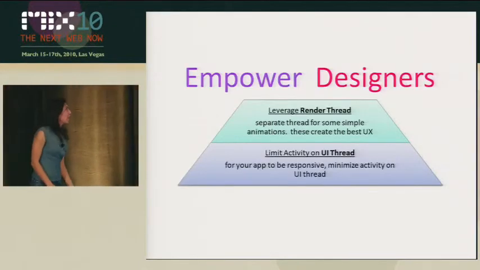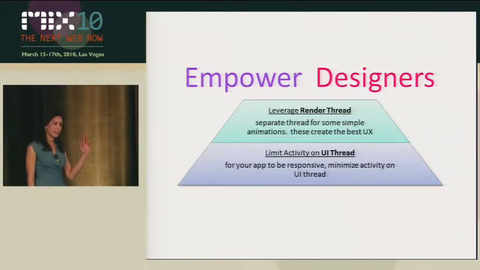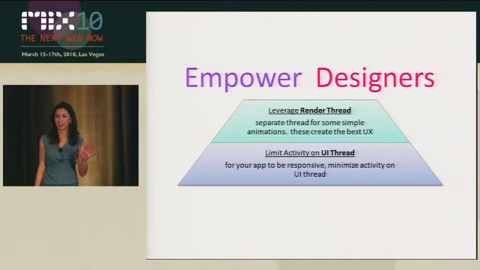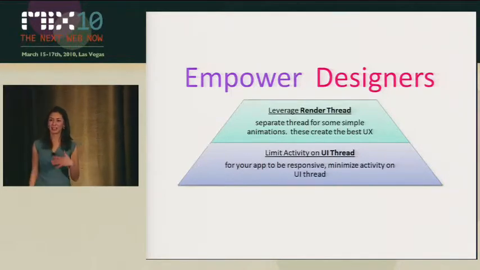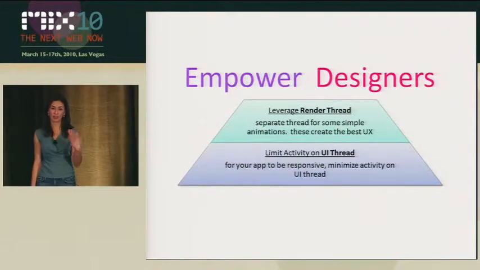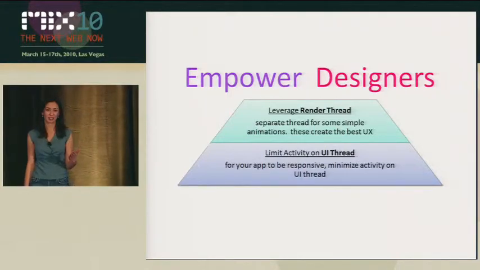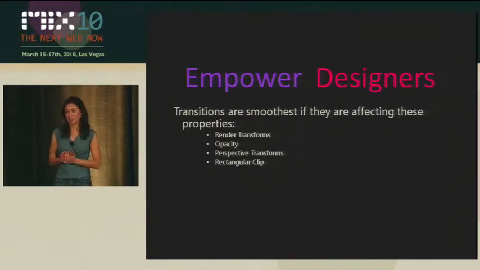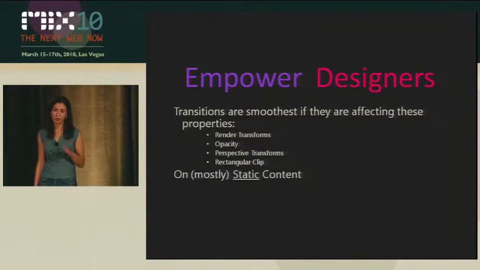OK, so we want to empower the designers, specifically leveraging the render thread and UI threads properly in our UX transitions. Again, this is a matter of designing your application, knowing the Silverlight for Windows Phone architecture. Transitions are smoothest if they are leveraging the render thread capabilities in the GPU. So render thread: opacity, perspective transforms, and rectangular clips on mostly static content.